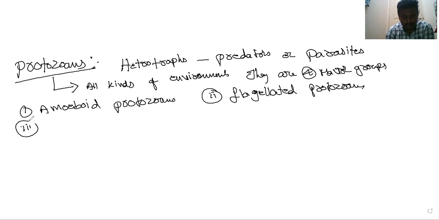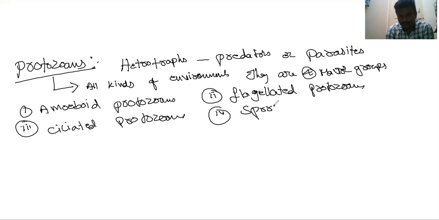The third one is ciliated protozoans. And the fourth one is sporozoans. First of all, let us discuss amoeboid protozoans.